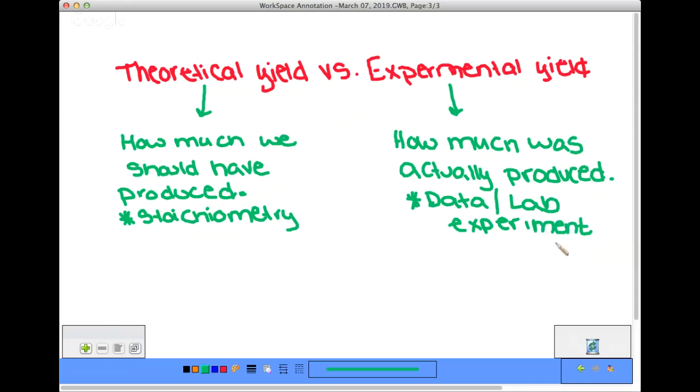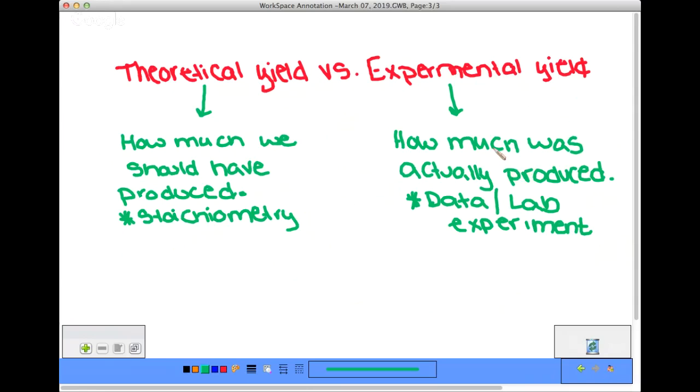Your experimental yield is usually a little bit lower than your theoretical because usually you're not going to produce all of what you should have. There are really weird circumstances where you might produce more, and that could be due to something contaminating or some other error. But the main difference is that this is how much you should have produced, and this is how much you actually did produce.